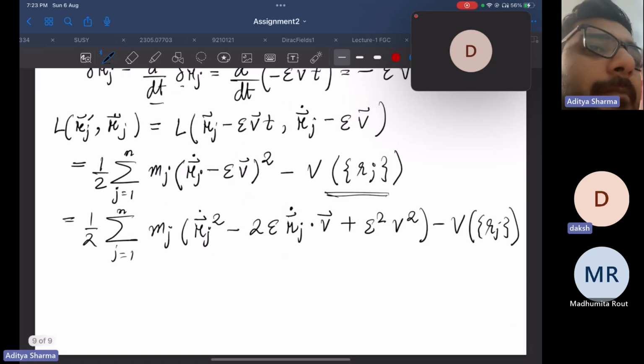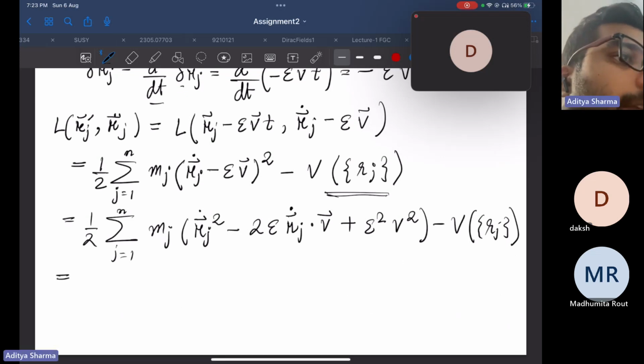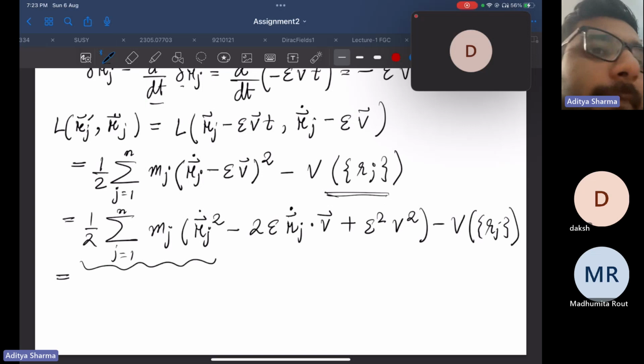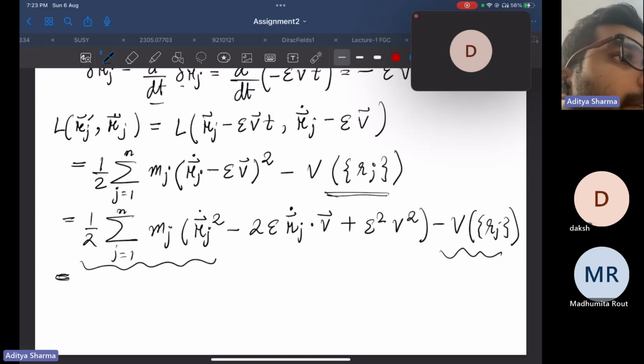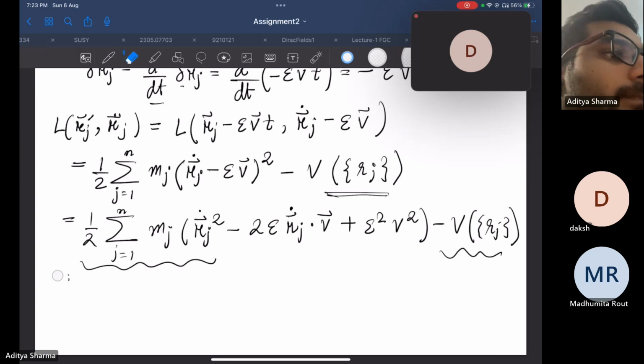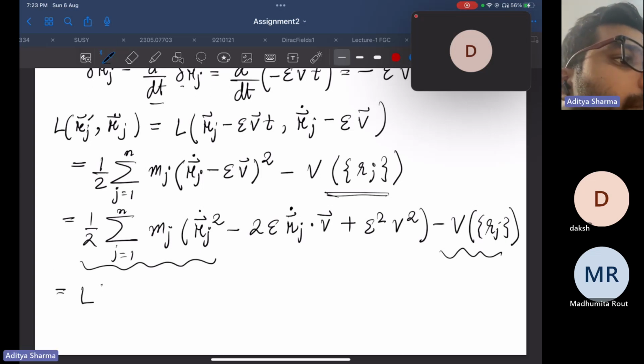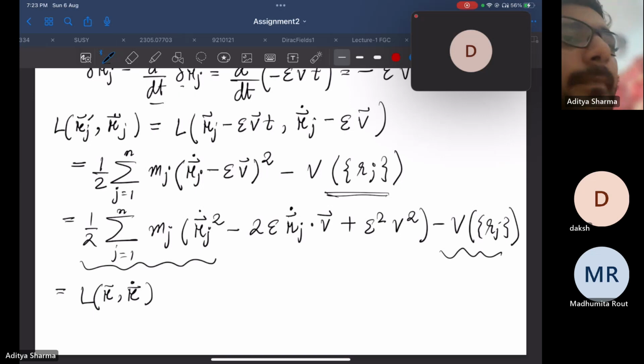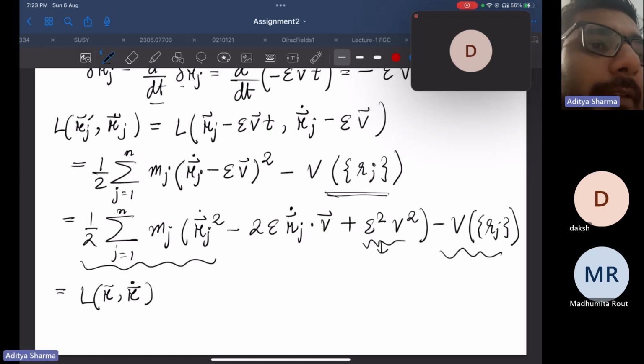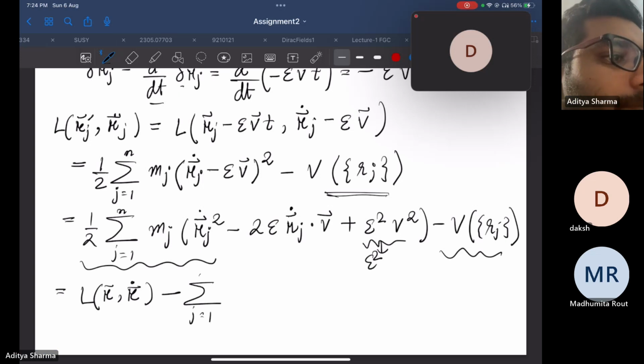Correct. So this part and this part is the original Lagrangian, with r and r dot. And this part we will neglect because it is epsilon squared. And you have the middle term, which is this times epsilon r dot dot v vector.